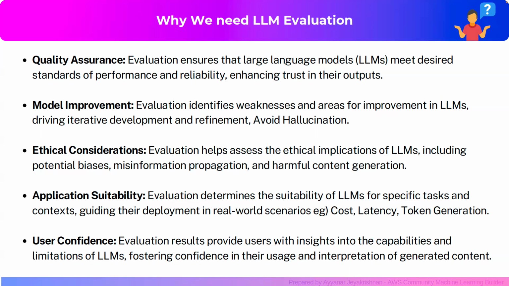But if latency is a critical thing and you want a quick answer, then you need to select the model which will suffice your need. So that is another reason you need to evaluate. Of course, user confidence. You need to make sure that the model output adheres to user confidence.